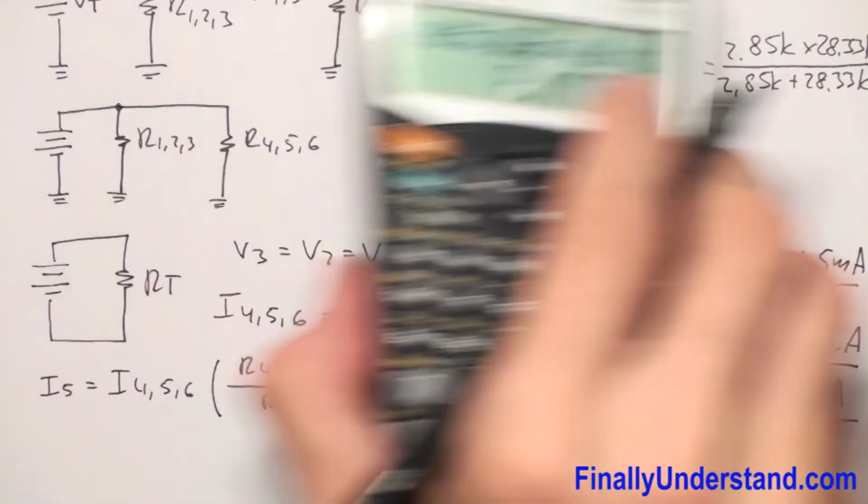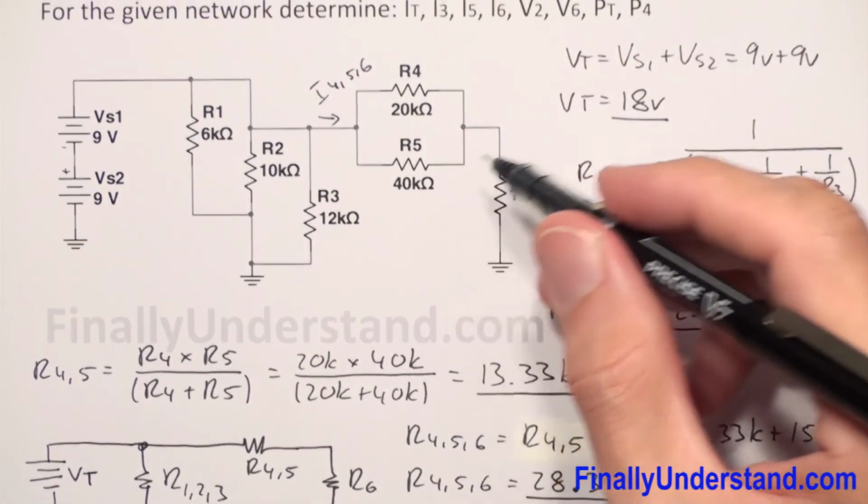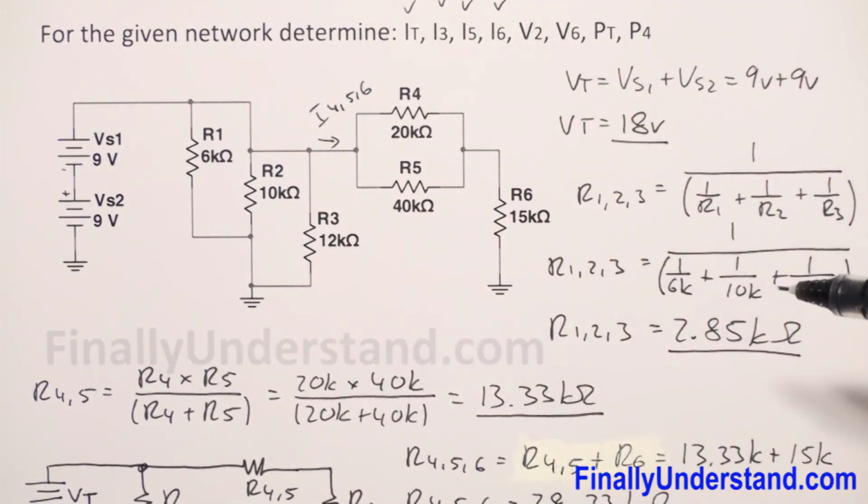Okay, so this is the current which will flow through the resistor R5. So this is my I5.